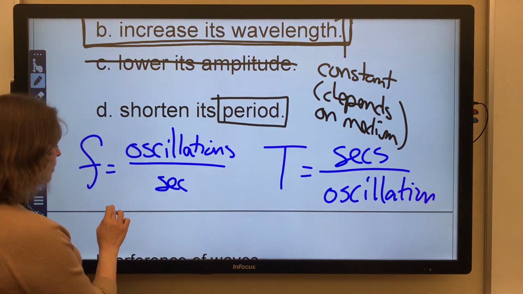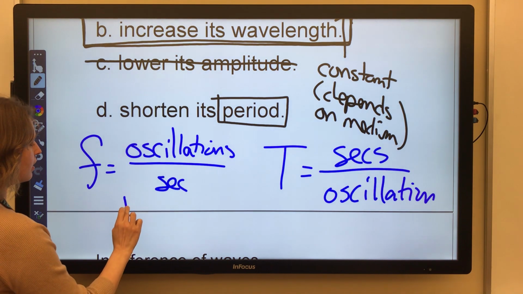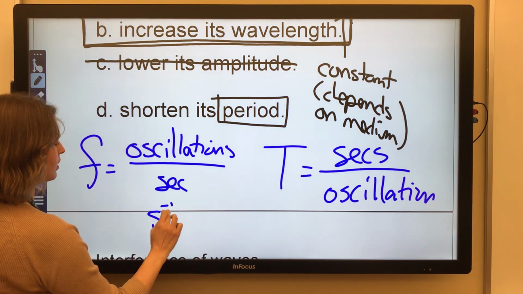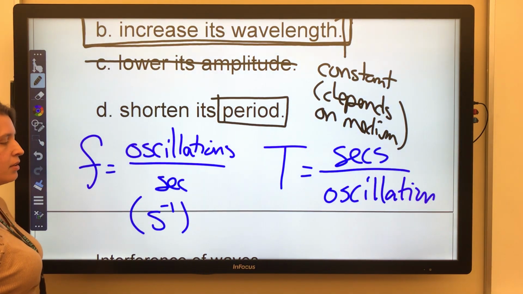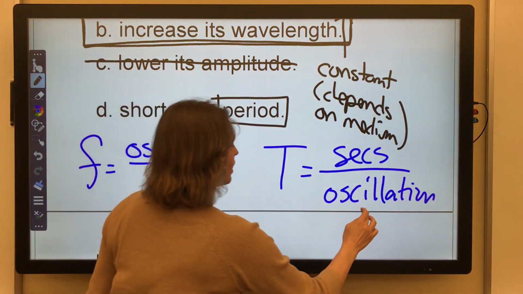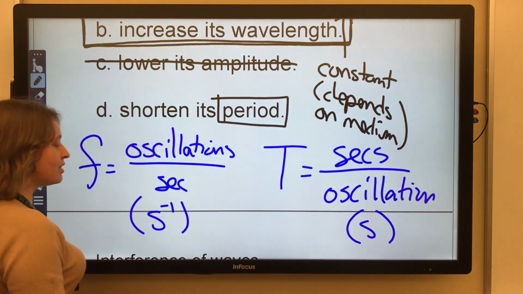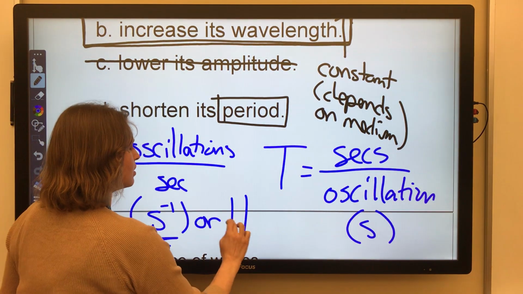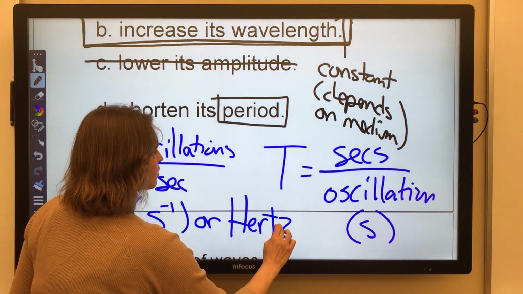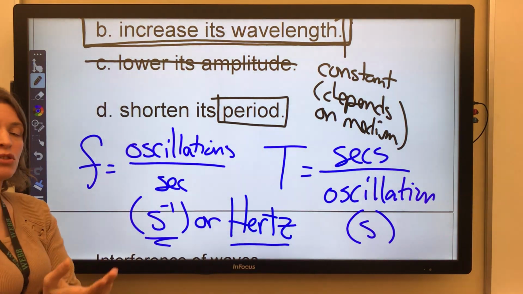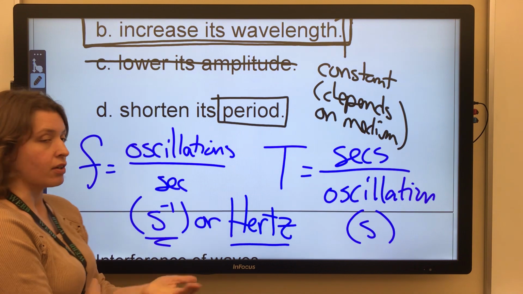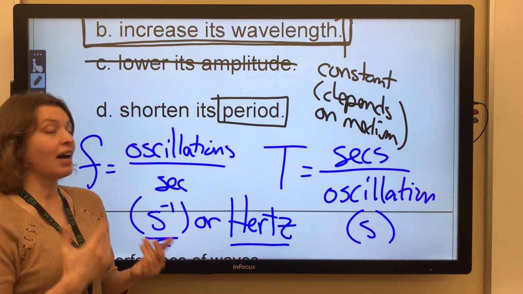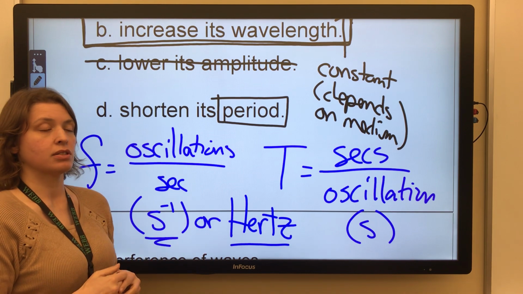Frequency is going to have units of inverse seconds, seconds to the minus 1, whereas period has units of seconds. Sometimes we call these units of inverse seconds hertz. So I measure the frequency of a wave in hertz. If it has 5 oscillations per second, then it's going to have a frequency of 5 hertz.